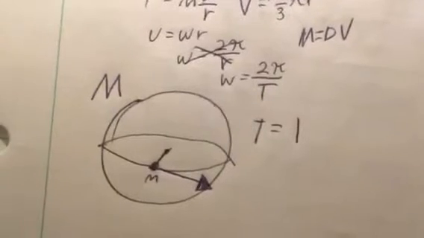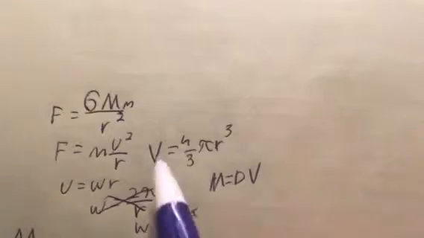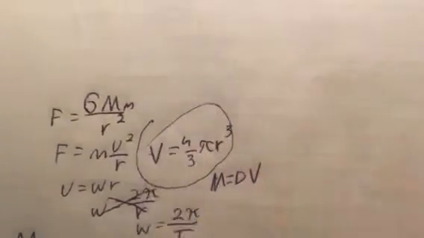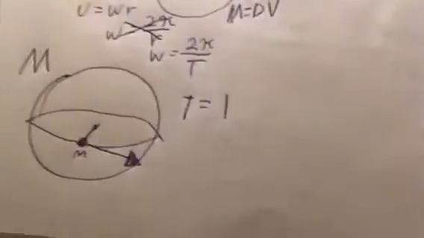So first thing, we need to get a conceptual understanding of what is happening. A neutron star is obviously a spherical object in space. So we can assume it's a sphere, which is why we're using this equation right here, which is for the volume of a sphere.